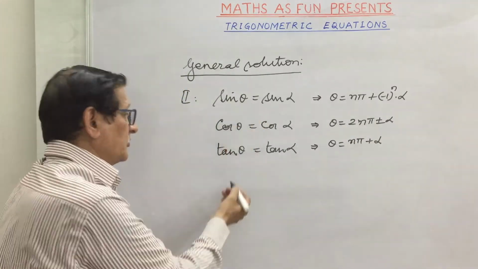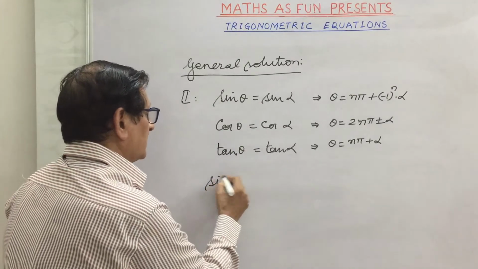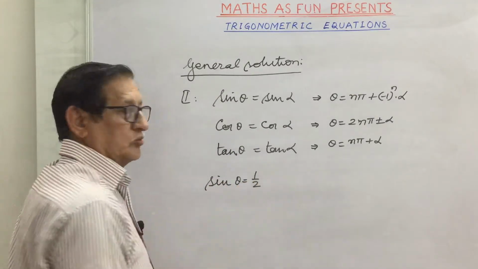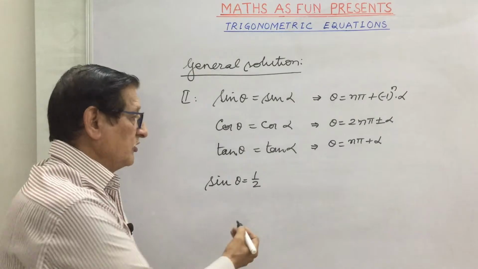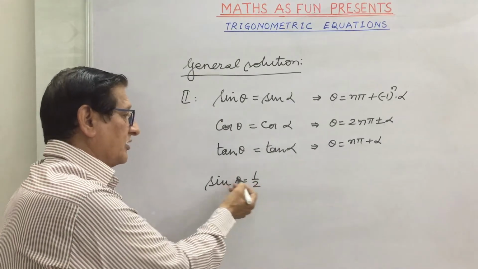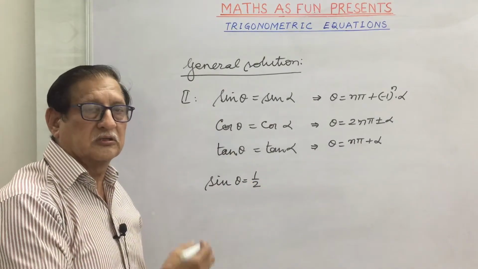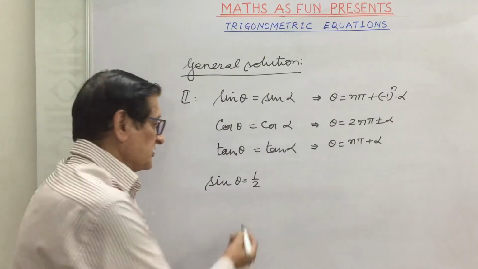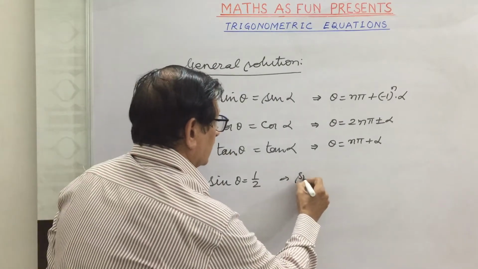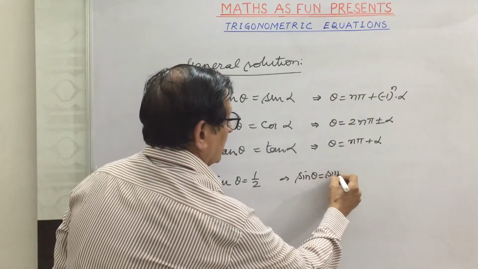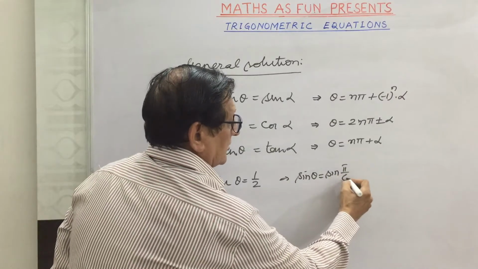For example, suppose we have a question here, sine theta equal to 1 by 2. Then we know 1 by 2 is the value of sine 30, that is sine pi by 6. It means we can write here that sine theta equal to sine pi by 6.